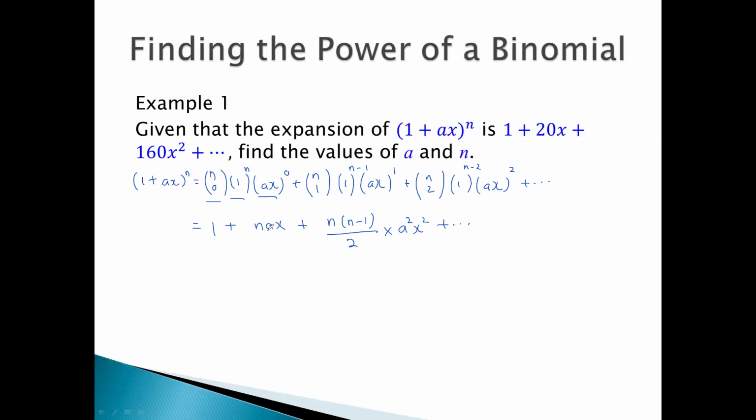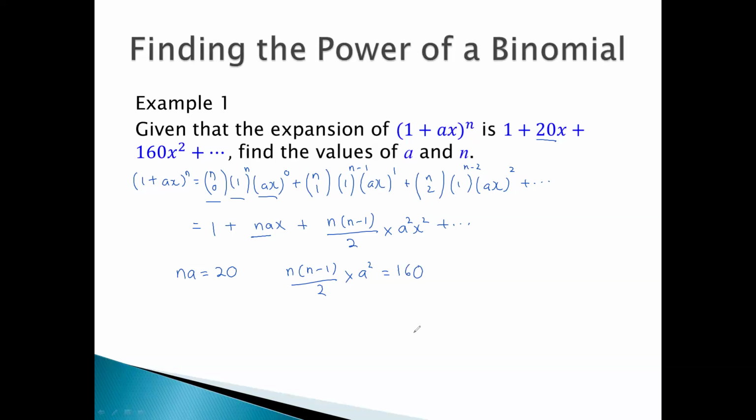So basically we compare the coefficients. This na equals 20. I can't do much now. Let's do the second one. (n minus 1) over 2 times a squared equals 160.